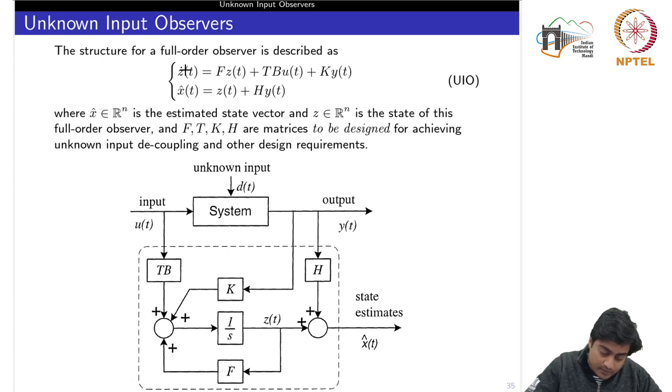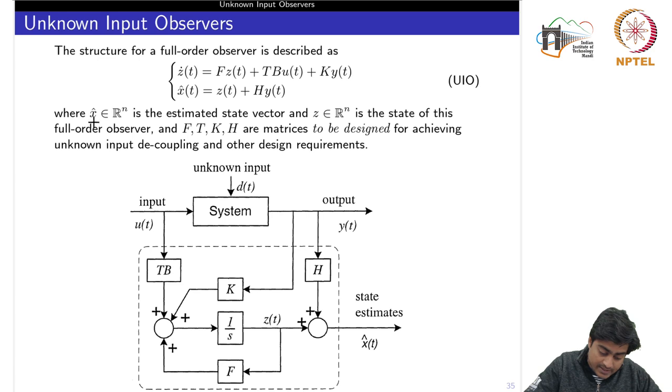So the structure for a full order observer we described as z dot is equal to Fz plus TBu plus K times y(t), where x hat, the estimation of the state, is given by the summation of z(t) plus H times y(t). Here z is the internal state of the observer, and we call it the full order observer because the dimension of the state of the observer and the plant remains the same.